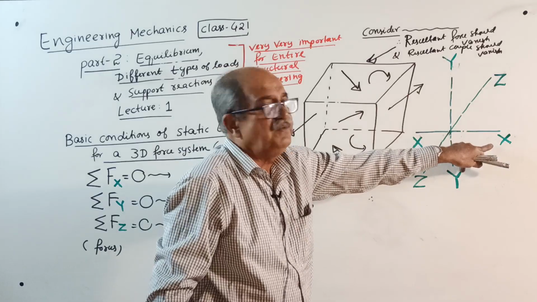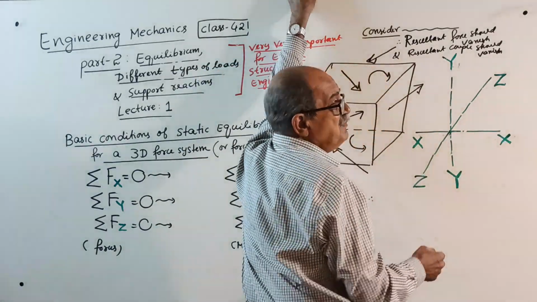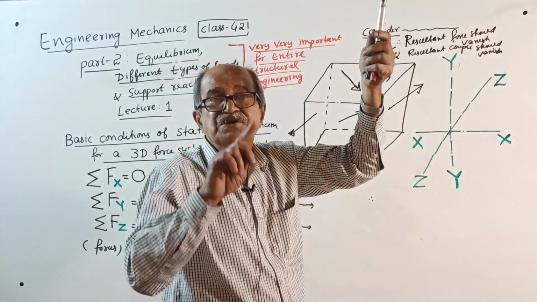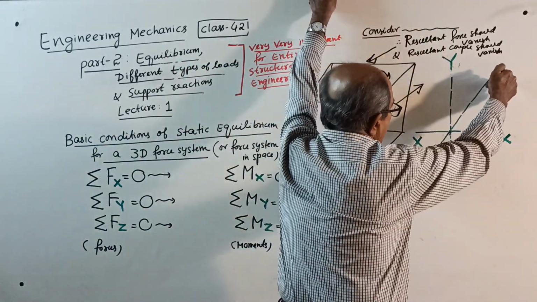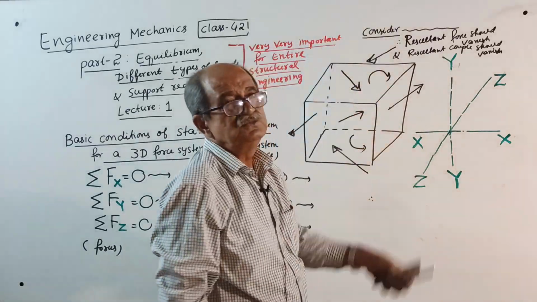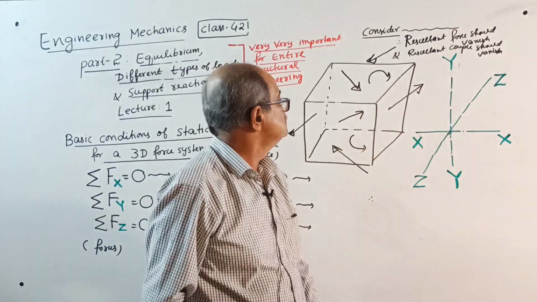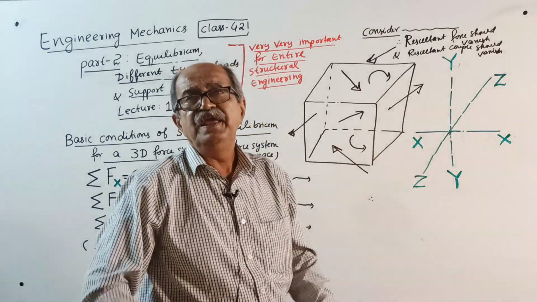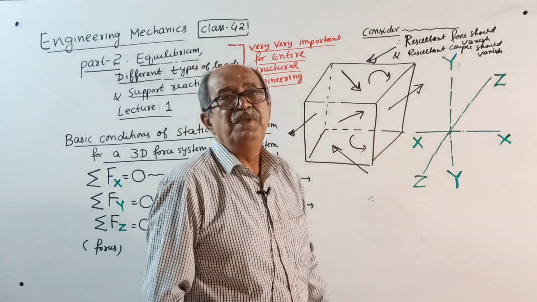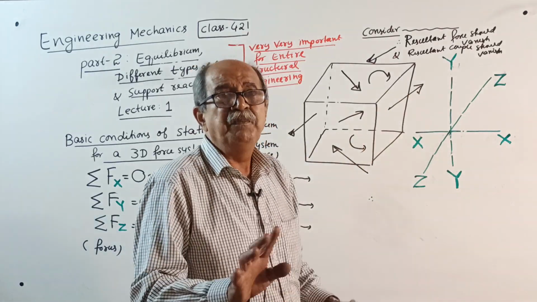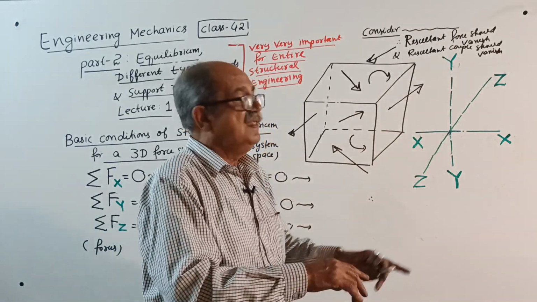That is, the resultant force in X direction, or if the resultant is inclined, its components along X, along Y, along Z should be 0, or the resultant force should vanish. Also, for the body not to rotate, the algebraic sum of moment, or couple you can call. If a moment is there, it is sometimes called a couple.